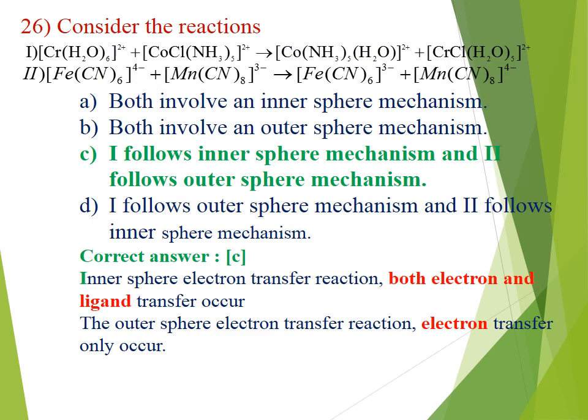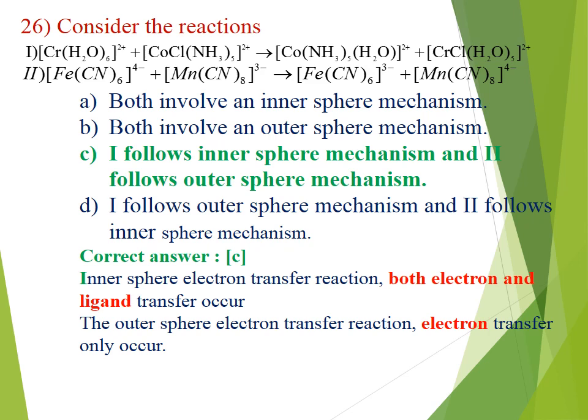26. Consider the following reactions 1 and 2. The correct answer for this question is that complex 1 follows the inner sphere mechanism and complex 2 follows the outer sphere mechanism. And how can we find out whether it is an inner sphere or outer sphere mechanism? Here the explanation is given. For inner sphere electron transfer reaction, both electron and ligand transfer occur.